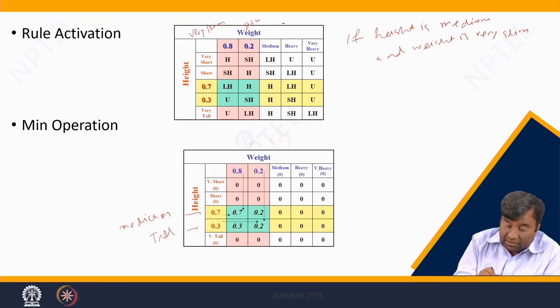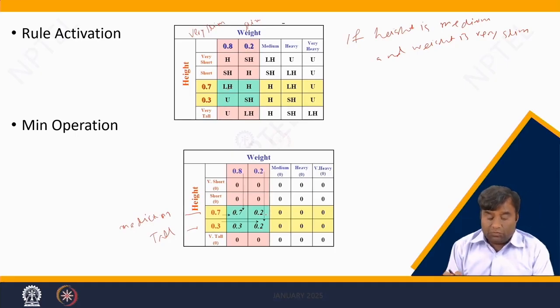This becomes healthy. So the less healthy value is 0.7, the minimum of these two, 0.7 and 0.8. Here the minimum of 0.7 and 0.2 is 0.2. So that is healthy. For unhealthy, that is 0.3, the minimum value of 0.8 and 0.3, and the minimum value of 0.3 and 0.2 is 0.2.